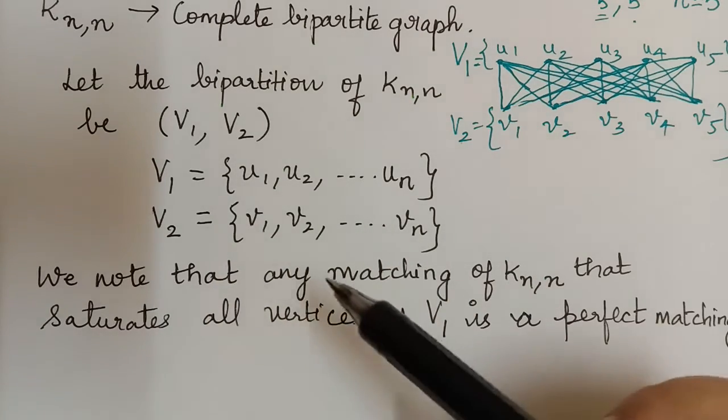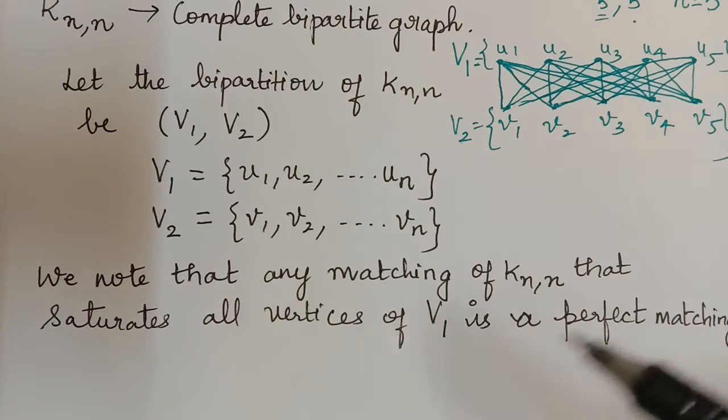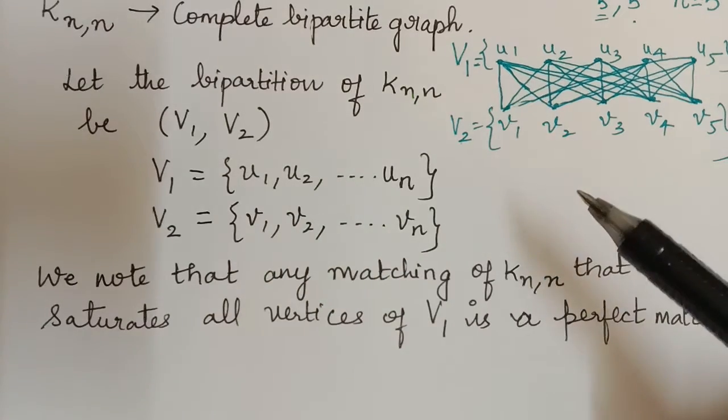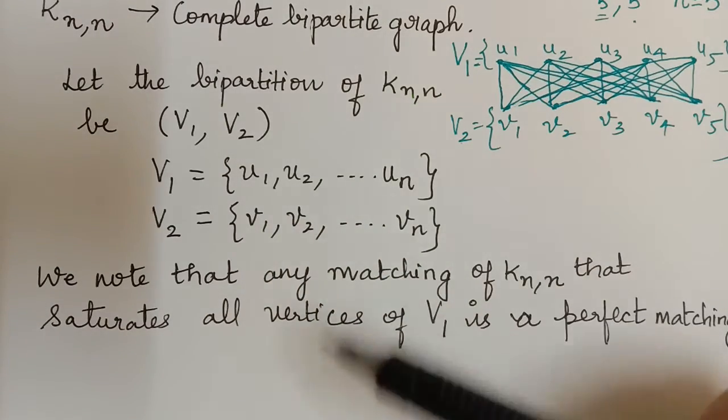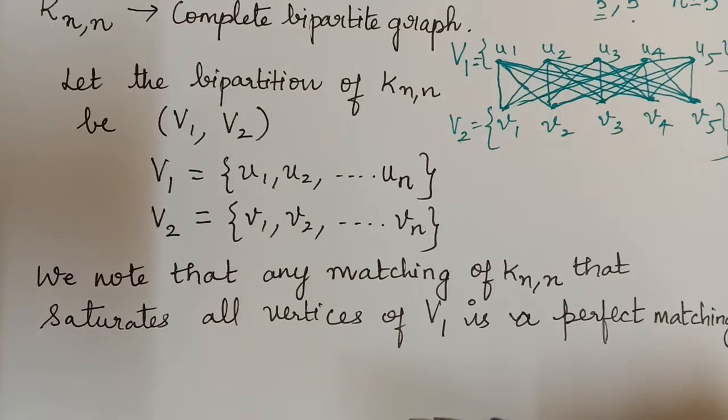So for any matching of K(n,n) to be a perfect matching, it is enough that it saturates all the vertices of one of the partite sets.